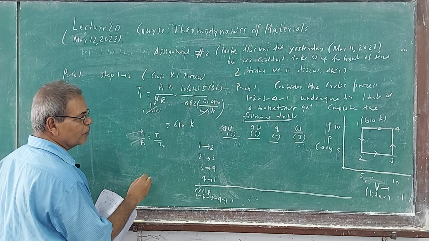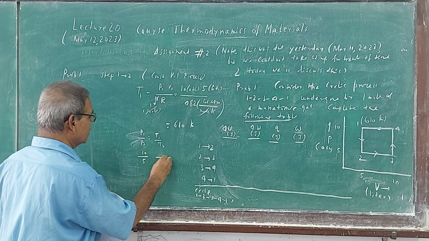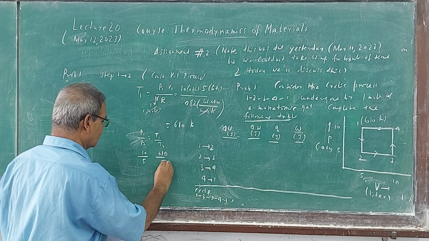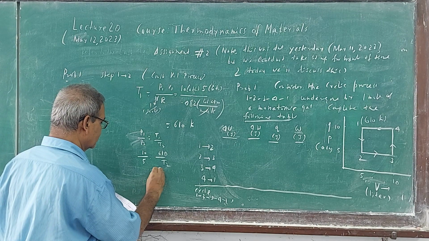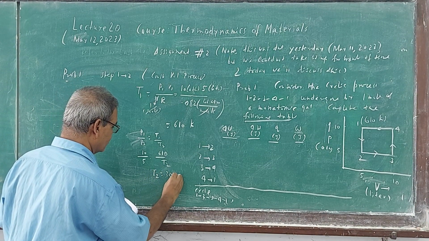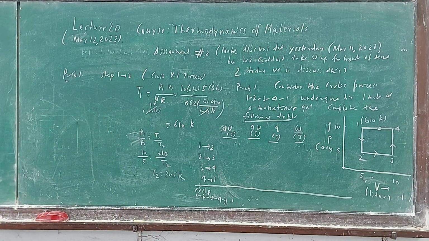P1 by P2 is 10 by 5, T1 is 610 by T2 unknown. So T2 is 305 Kelvin.